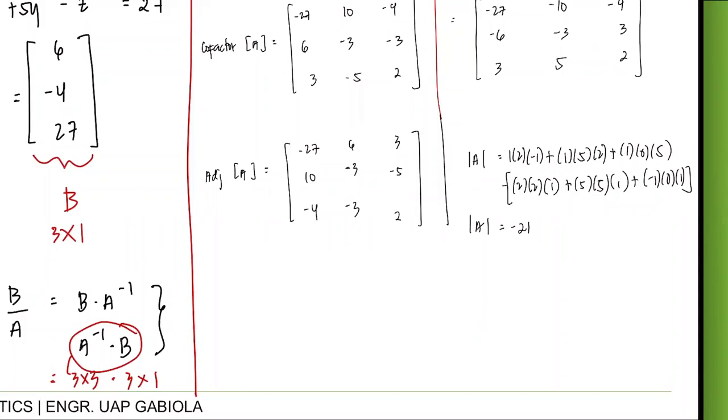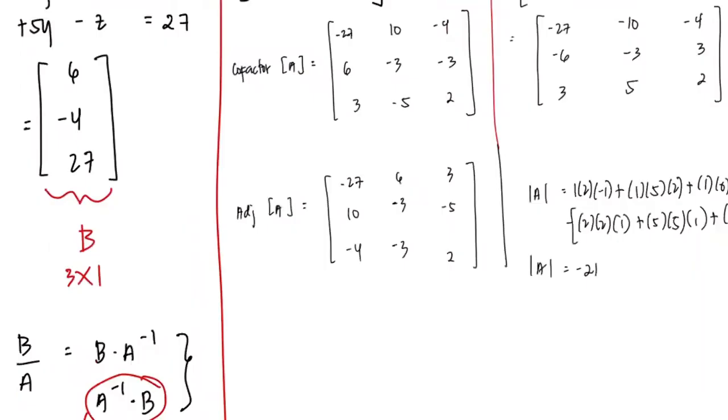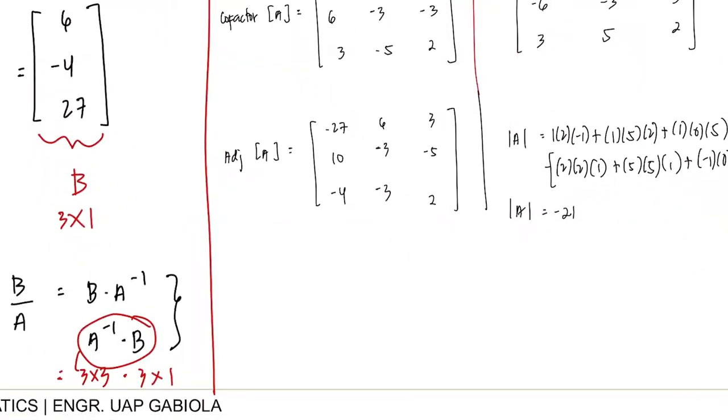Okay, so, ayan. So, meron na tayong determinant, meron tayong adjoint. So, yung inverse natin of A will be equals to 1 over yung determinant natin times yung adjoint natin of A.